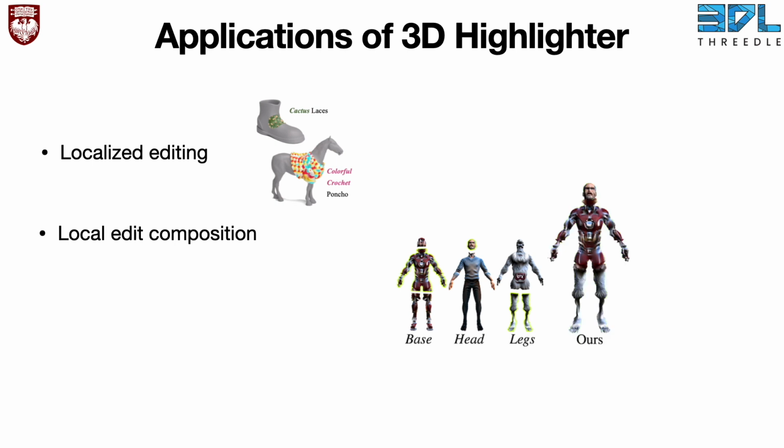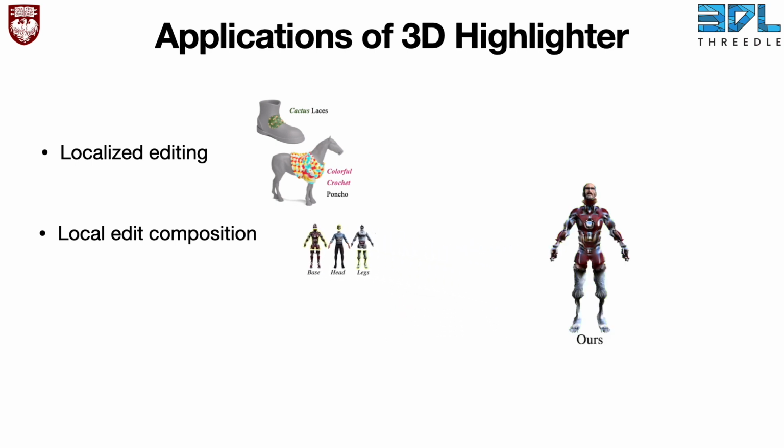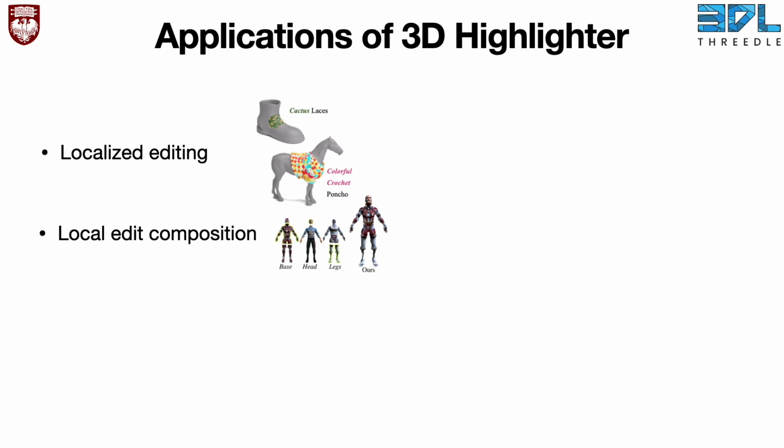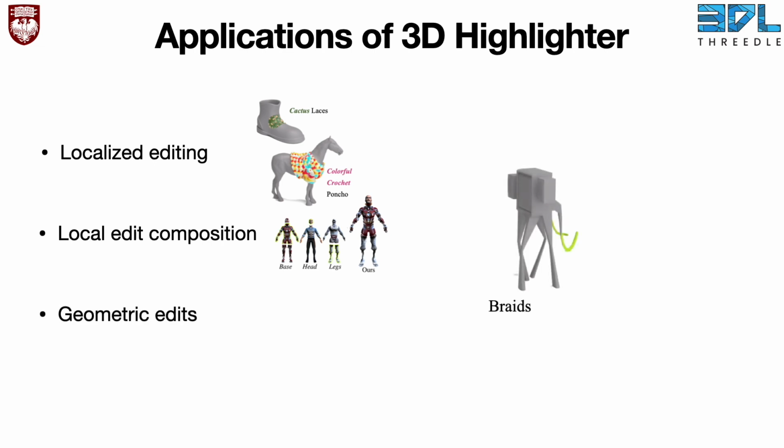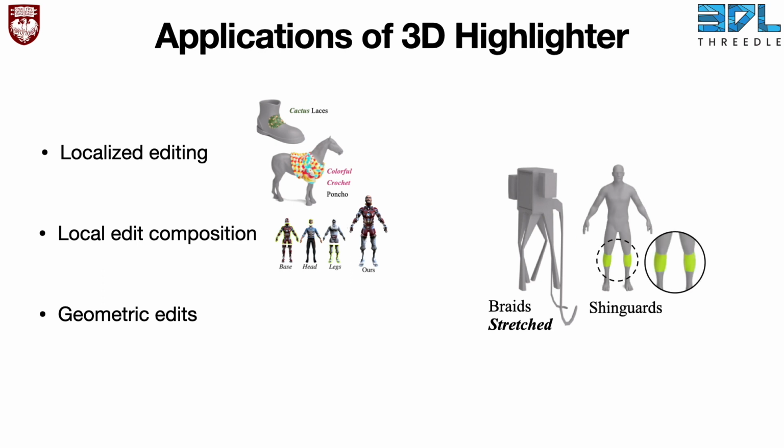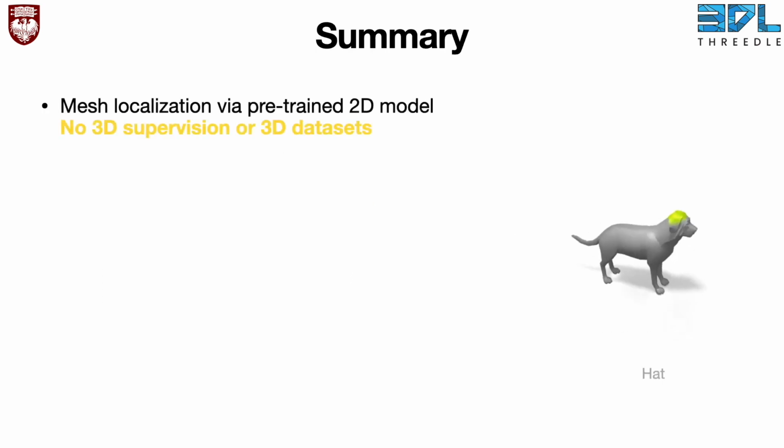In addition to stylization, 3D Highlighter can also be used to perform geometric edits. Once we have localized a region, we can manipulate the geometry of the mesh with operations such as stretching or extrusion.